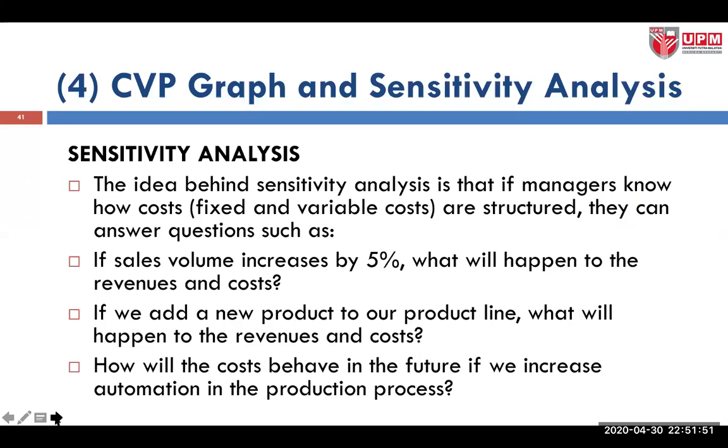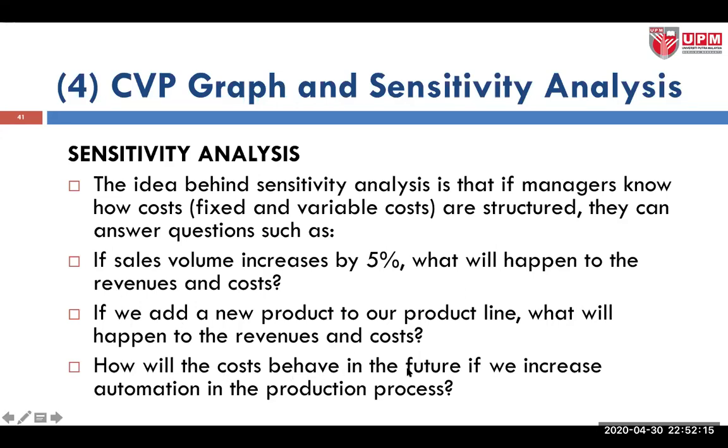I would like you to come up with a few scenarios. In this example, you increase the volume by 5%. What will happen to the revenue and cost, right? And let's say you introduce another product after a year, okay? What's going to happen, right?